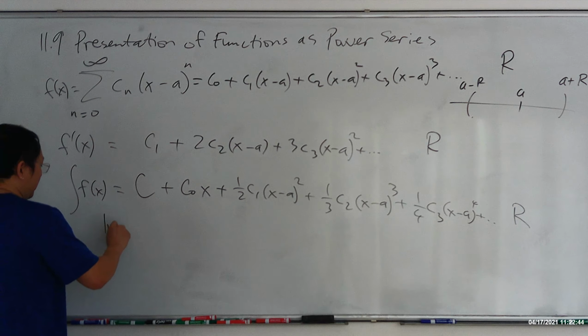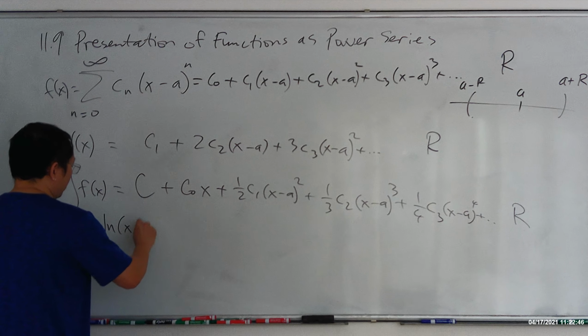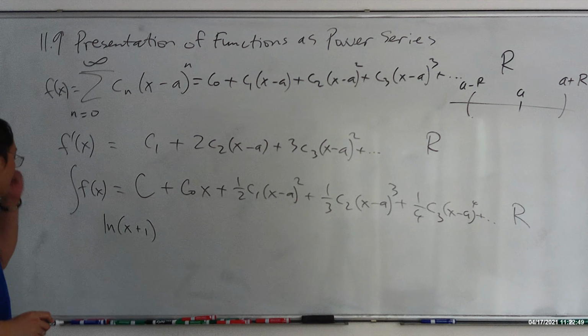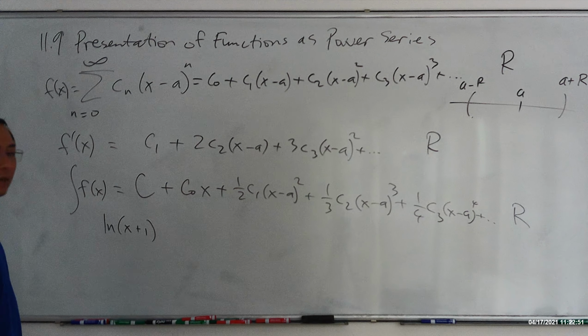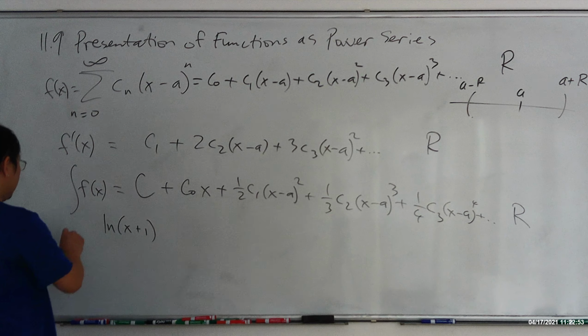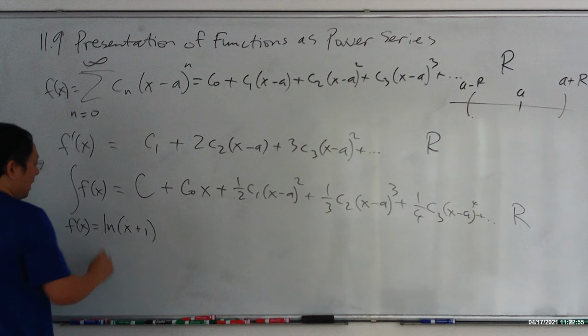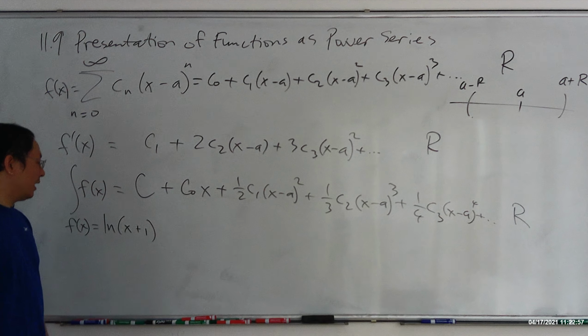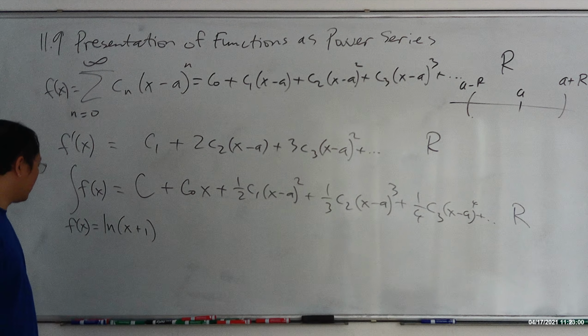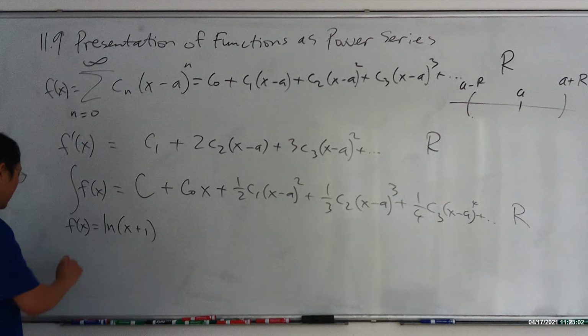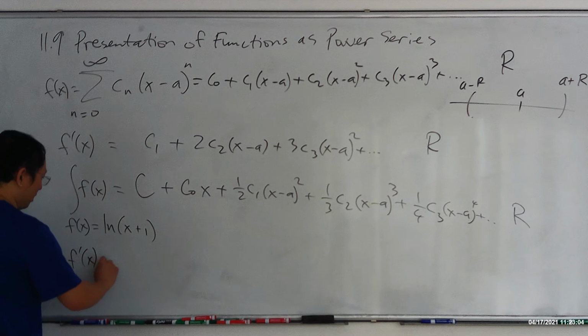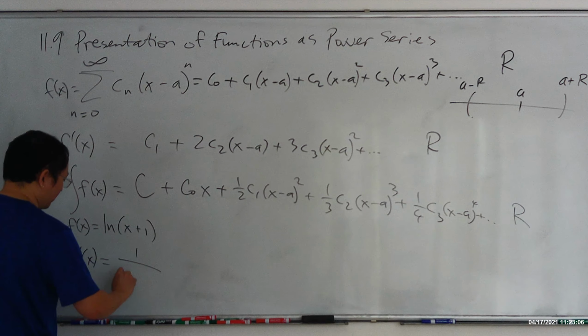What is ln of x plus 1? Doesn't matter. Let's find x plus 1 as a power series. Okay, this is my f of x. I want to find the power series of ln of x plus 1. And I don't know it directly, but I see that I can take the derivative, see what I got. So f prime of x will be 1 over x plus 1.